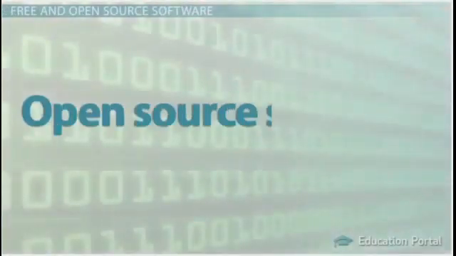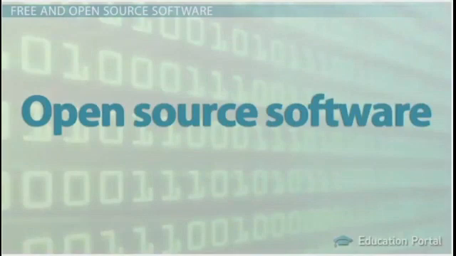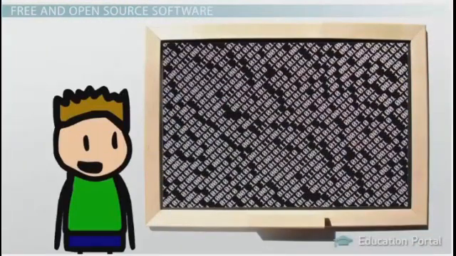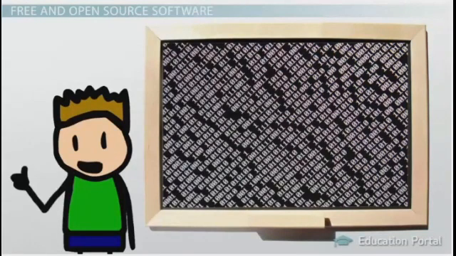Open source software, as the name suggests, is software for which the source code is released. This means that users can look at exactly how the software was created using one or more programming languages. This is done on purpose so that anyone can benefit from using the code.